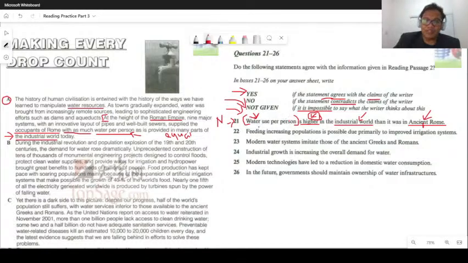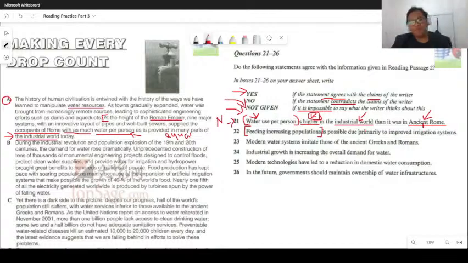Okay, so question 22: feeding increasing population is possible due primarily to improved irrigation system. So again, we're looking for this phrase, feeding increasing populations. You need to find a passage where it talks about the population and feeding them.